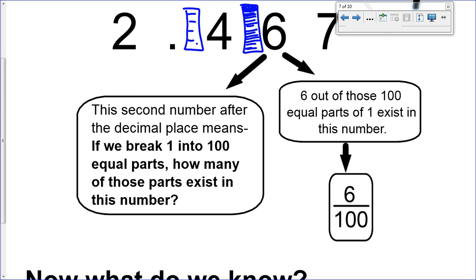So 1/100th of a candy bar, or a candy bar broken into 100 pieces, and you have 6 of those pieces, that's not very much, right? That's not very much at all. As a matter of fact, even though this number is 6, it's actually 6 of these little bitty pieces.